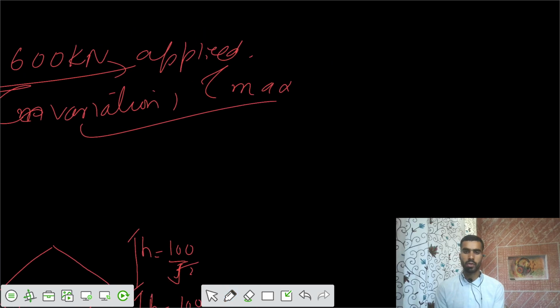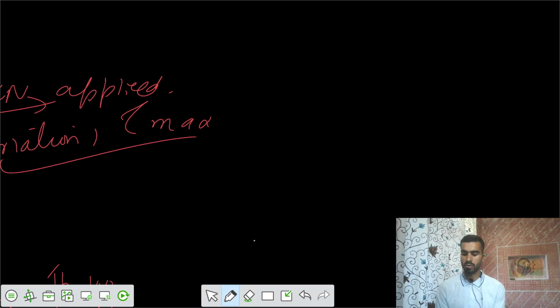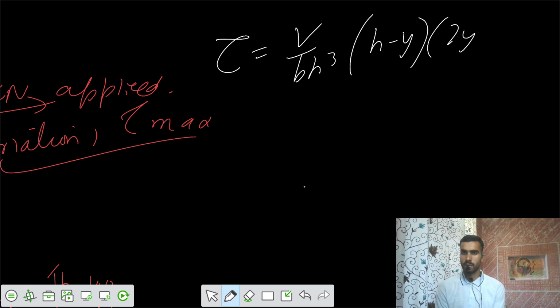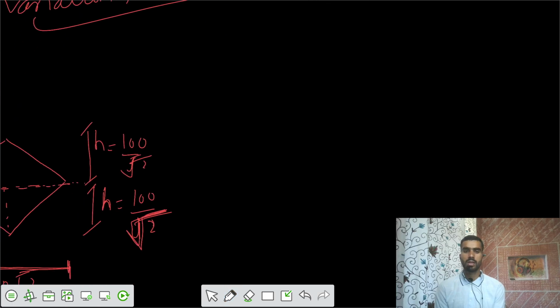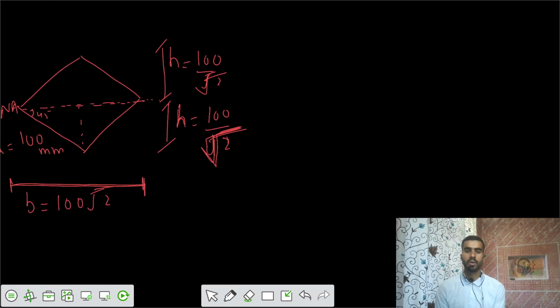So we have the equation. We know how the variation is there. One of the equations we got is that finally shear stress was equal to V by BH into (H minus Y)(2Y plus H). Either you can do it this way, or if you remember the results you derived during those concepts, I would say at the neutral axis we have shear stress value equal to tau average.